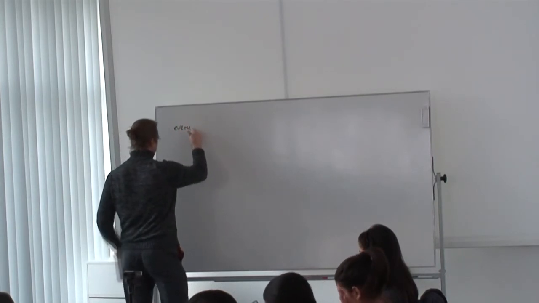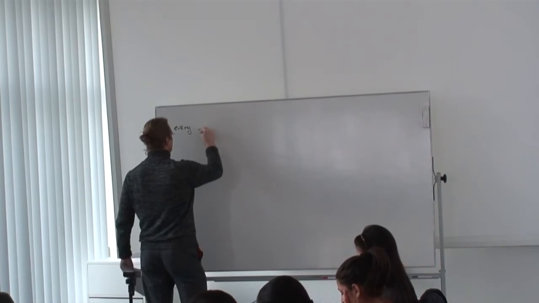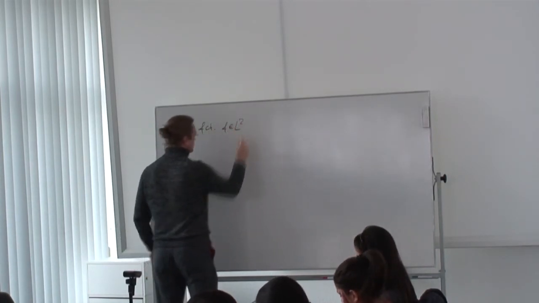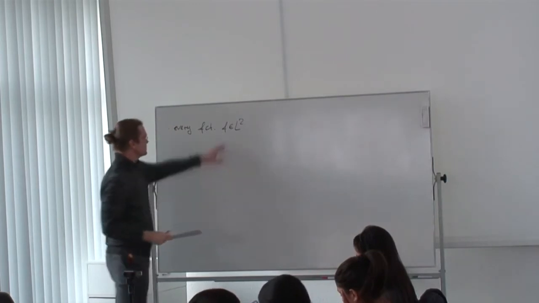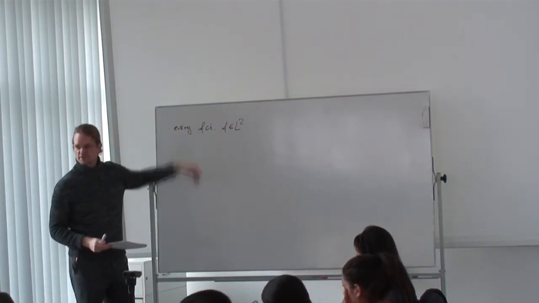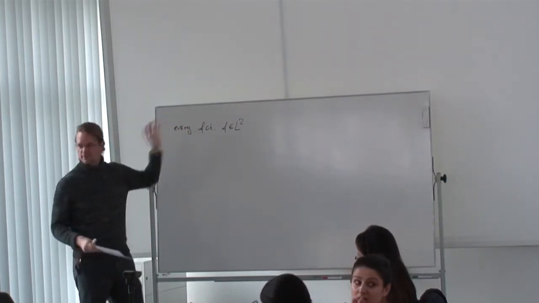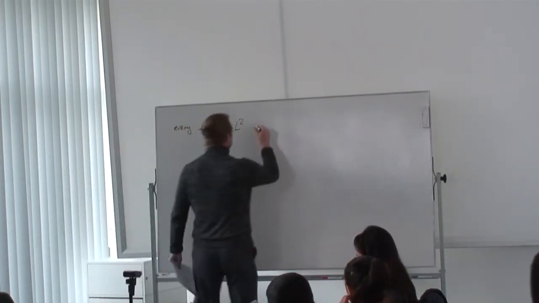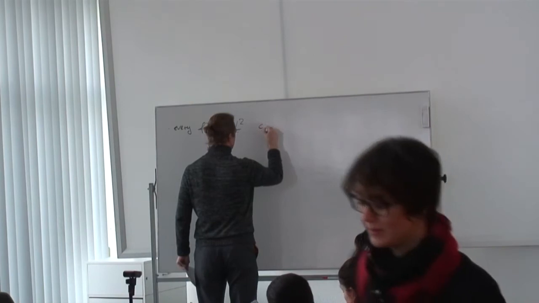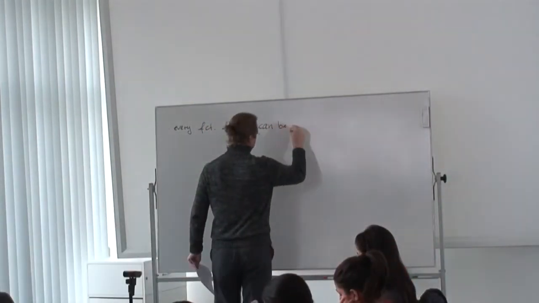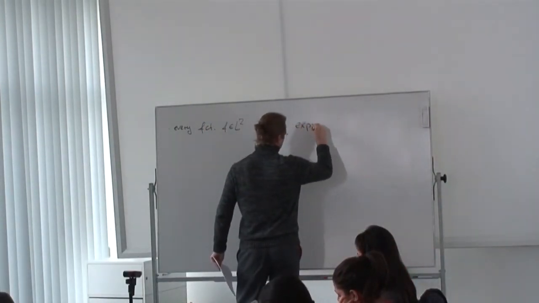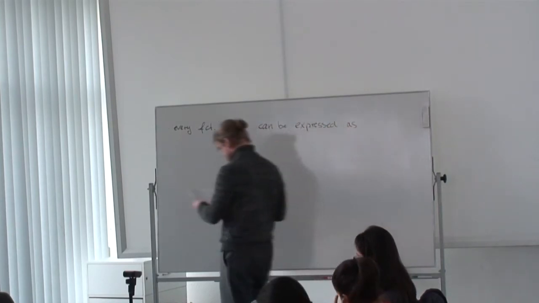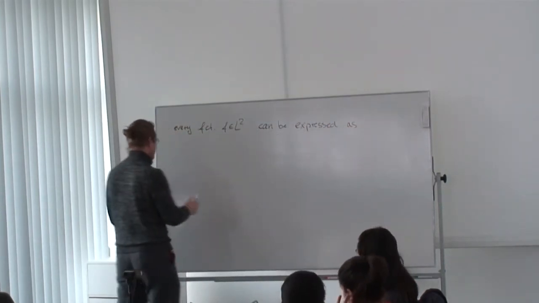every function that is square integrable. See the beauty of this? Once I have defined this set, I don't have to write down square integrable, just write f is an element of L2, can be expressed as, now comes something outrageous.